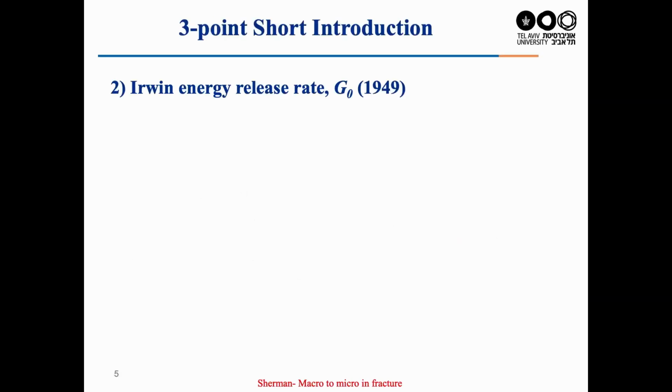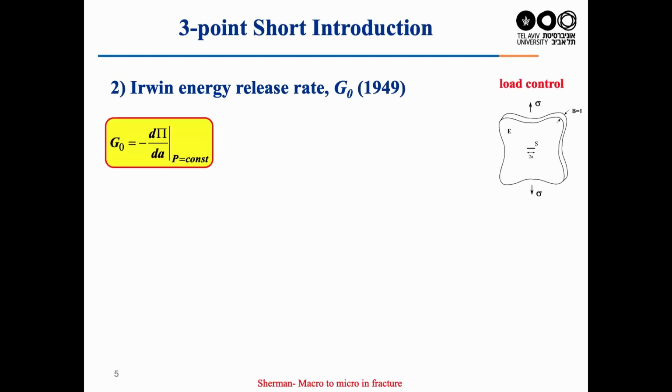The second point is Irwin's energy release rate, G. Once again, it is under load control. G is minus d pi over dA, where P is constant, and pi is the complementary energy or the potential energy. I want to stress some points about G naught, the energy release rate.